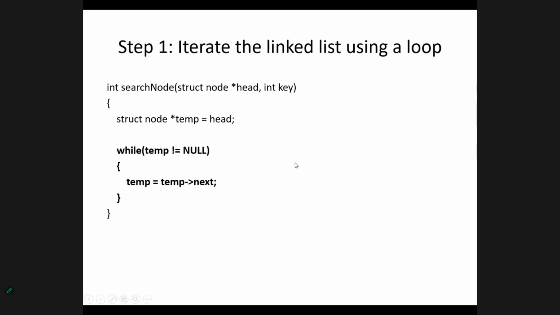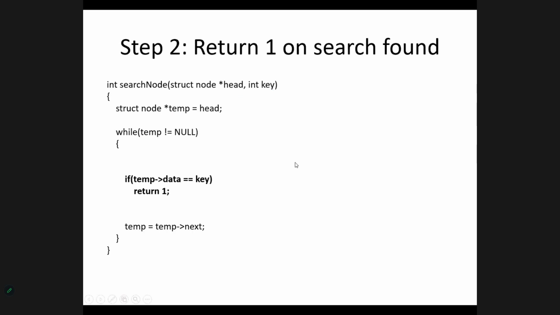And then as the second step, okay, return 1 on search found. Okay, now we learn up to this. If temp data equal to key, then return 1. Okay, we found this item, right? So to keep going in this loop, we will assign temp next to temp.